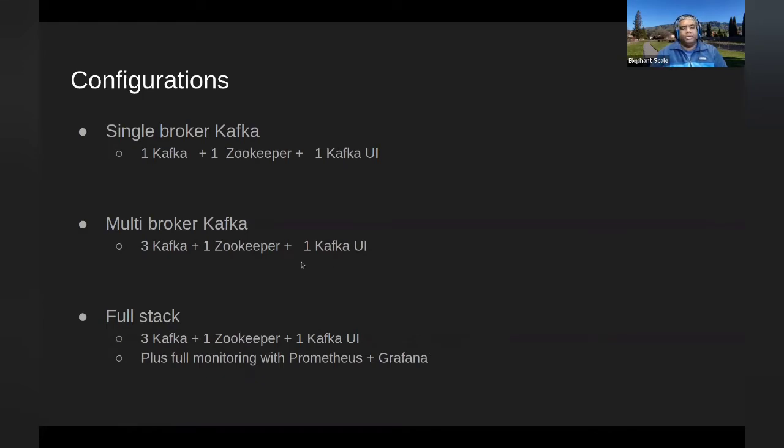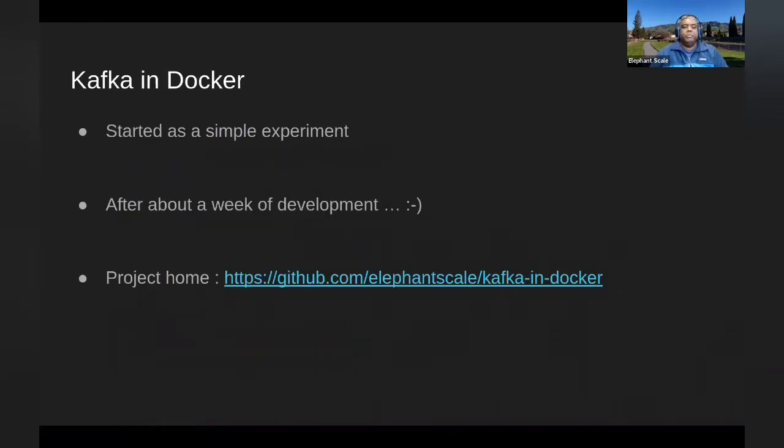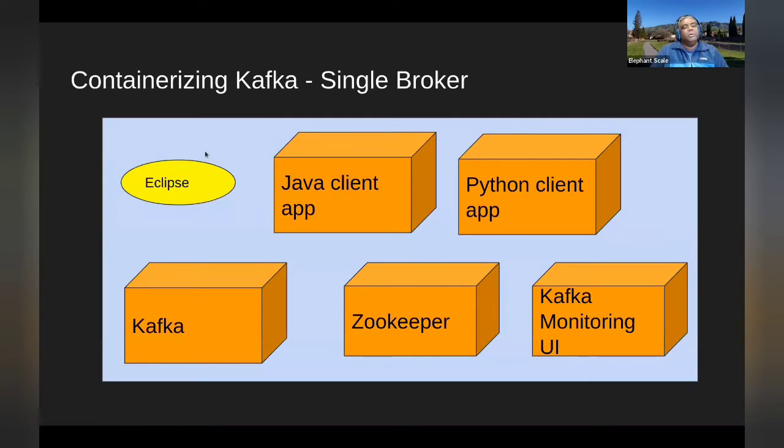Pretty straightforward. The only dependency is Docker, right? You need to be able to run Docker on your machine. I use Linux and Mac machines for my development, and they are very Docker friendly. Docker runs on Windows too, but it's a bit of a mixed story sometimes, because they're very picky about the Windows runtime environment.